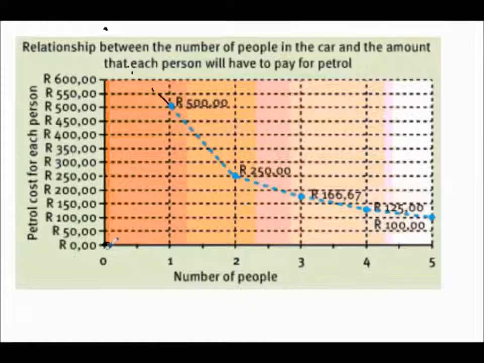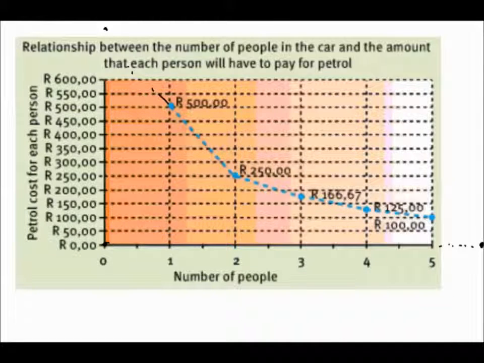You have to have at least one person for the petrol bill. Also, you can't have 5 or 10 or 15 people paying nothing. So if it intercepted the axis here, it would mean that 5, 10, 20 people are each paying nothing, which is also ridiculous.